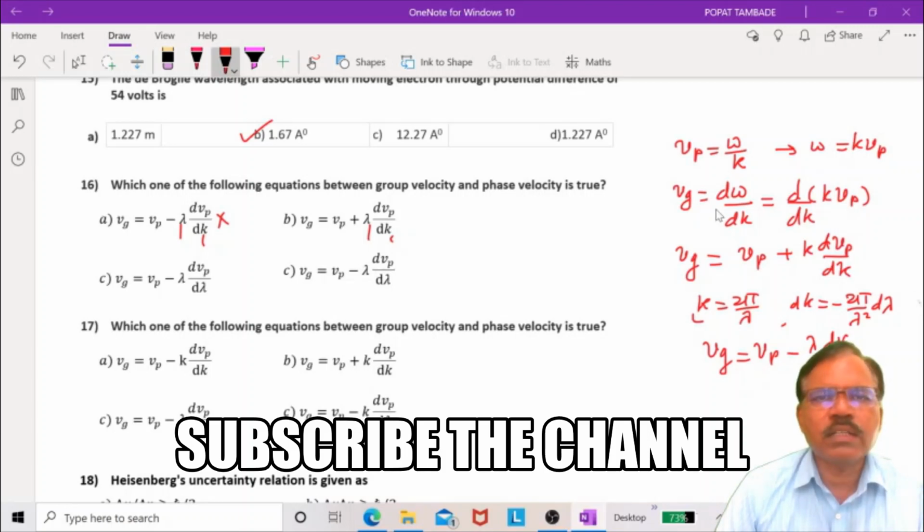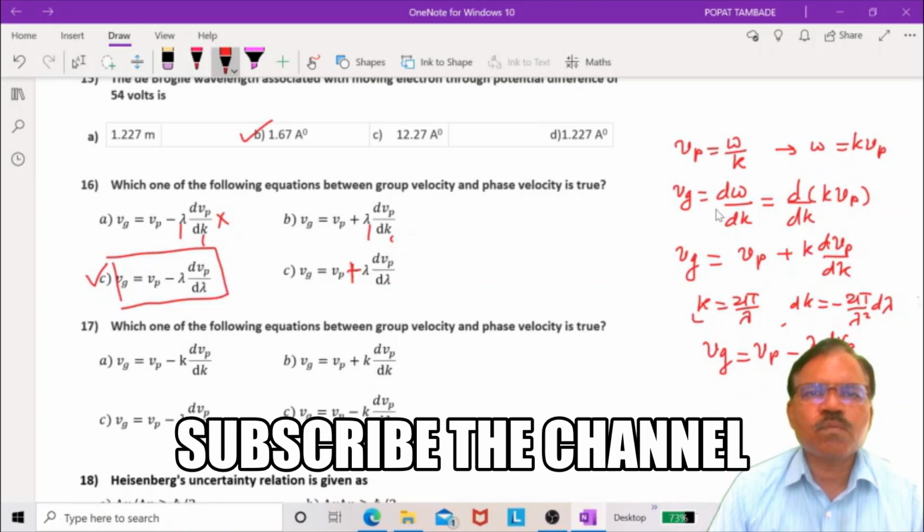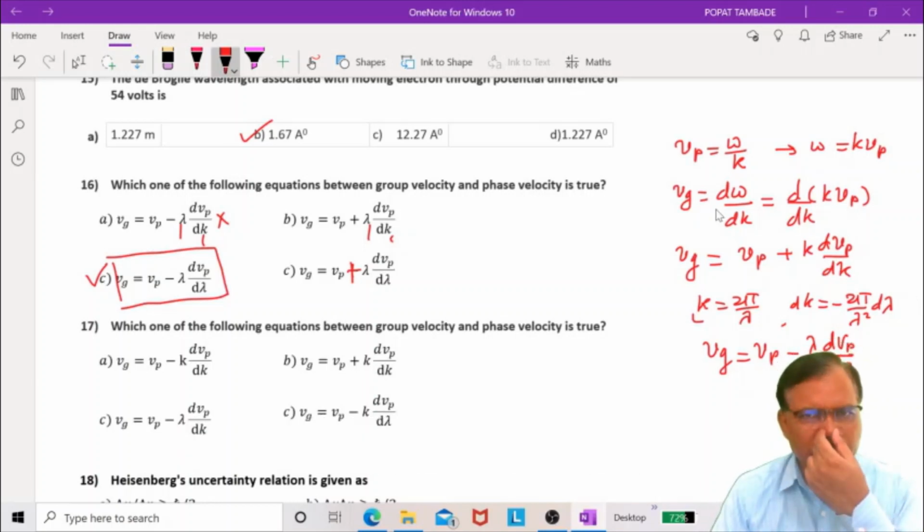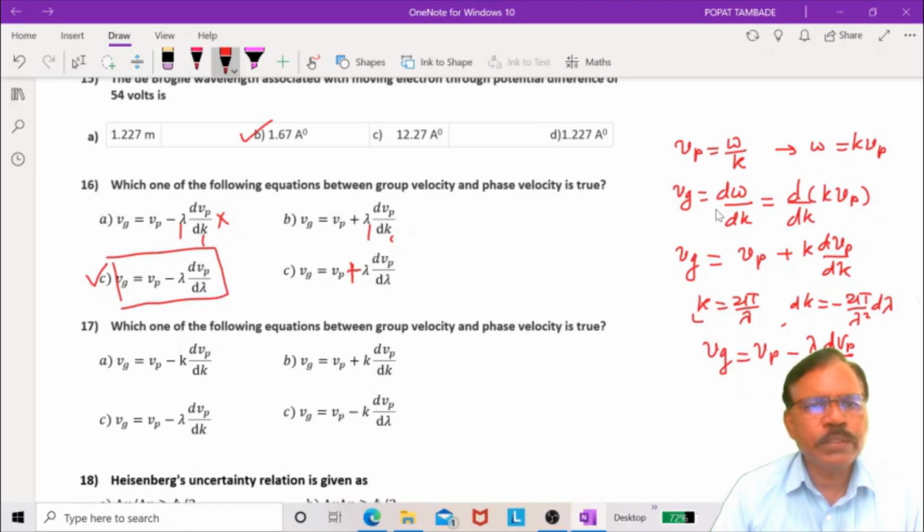So these two are correct actually. Vg is equal to Vp minus lambda dVp by d lambda. This one is the correct answer. Now, which one of the following equations between group velocity and phase velocity is true? Out of the 4, you will observe this one is correct.